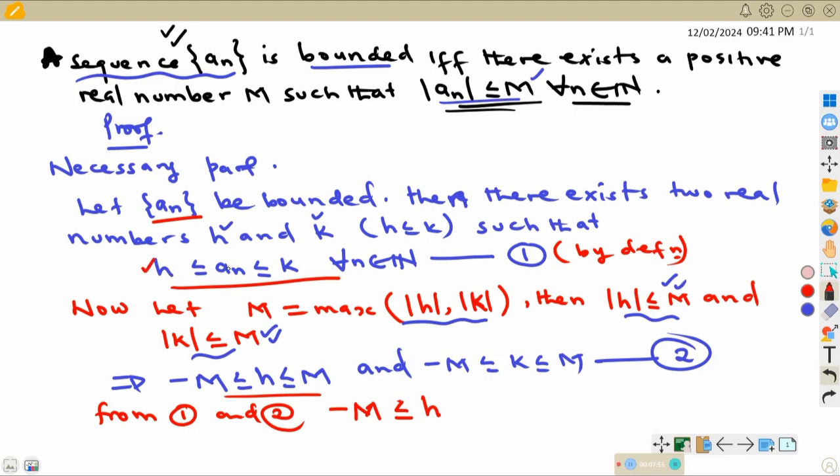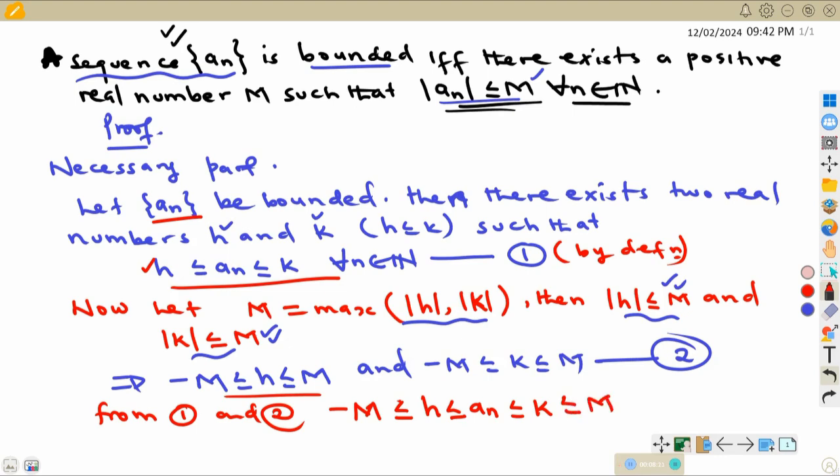But h is less or equal to an. So negative m is less or equal to h, but h is less or equal to an. At the same time, an is less or equal to k. But when we look at this, k is also less or equal to m.